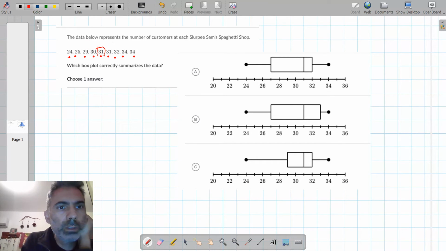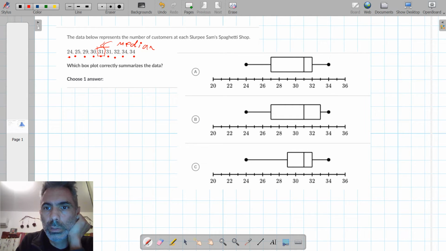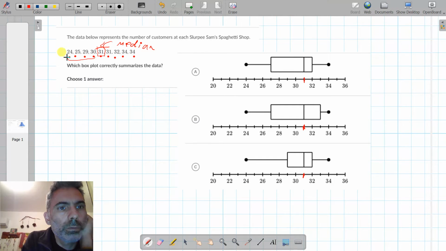So first, we need to see which box plot represents the median of 31. They all have a median of 31. Okay. 4 to the left and 4 to the right.